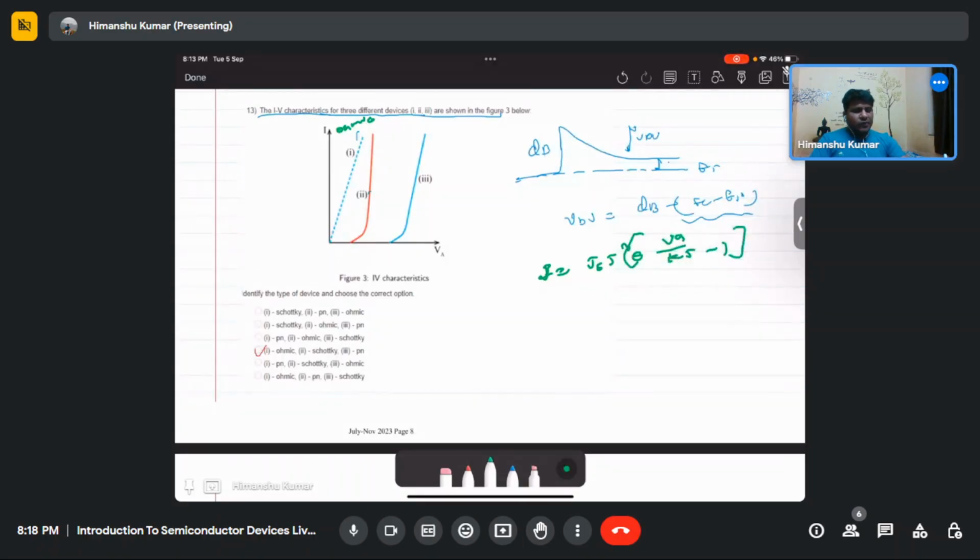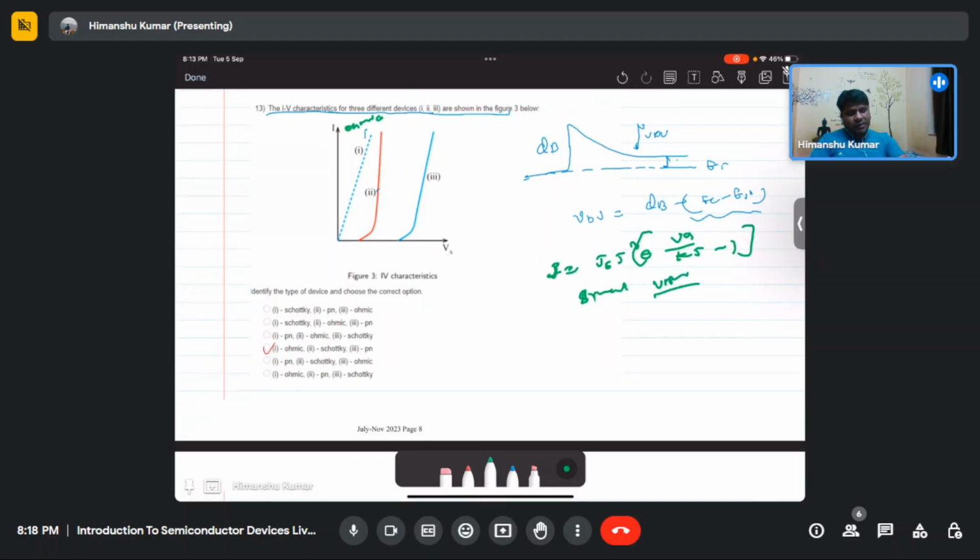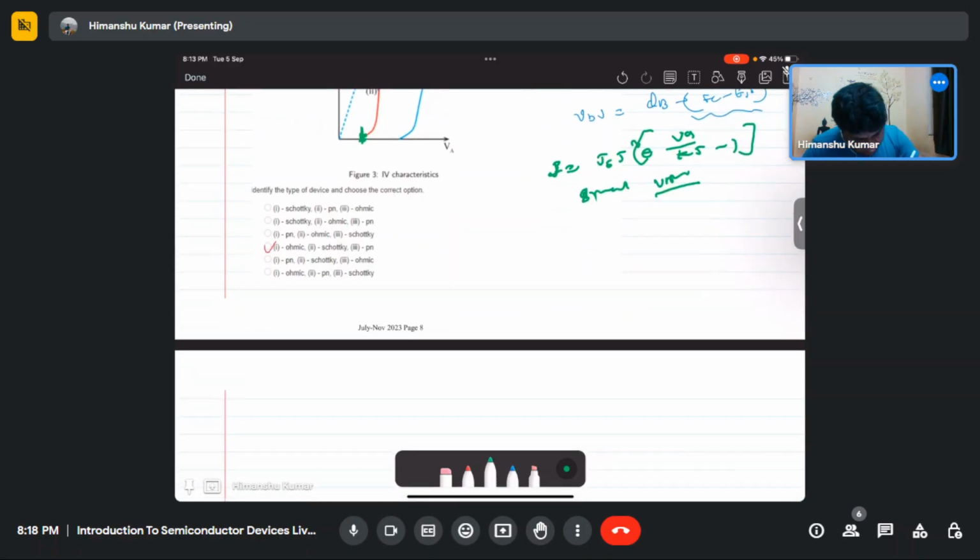So this follows similar characteristics, but this has a smaller built-in voltage. If this has smaller built-in potential, then it has smaller cutoff also. Similarly, this third case will be the normal PN junction. So the correct answer is: first is ohmic, second is Schottky, third is PN.